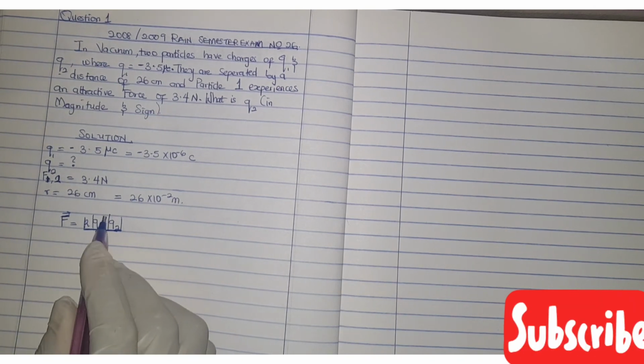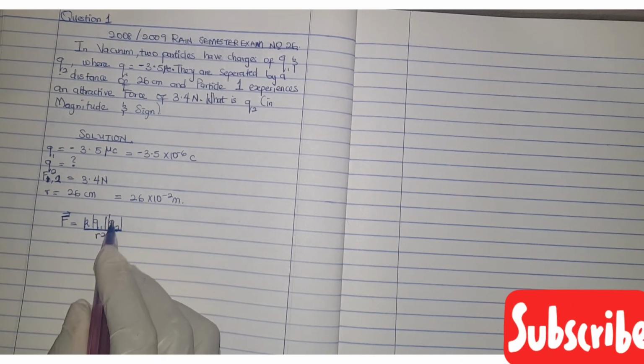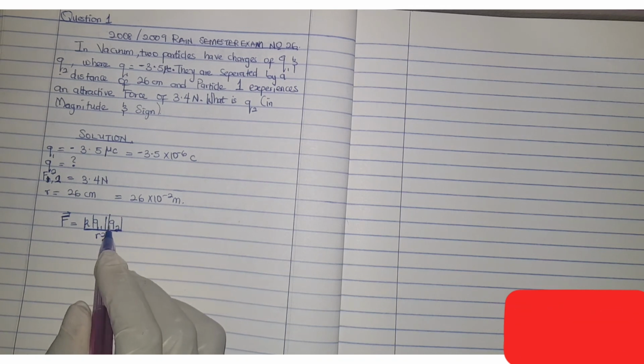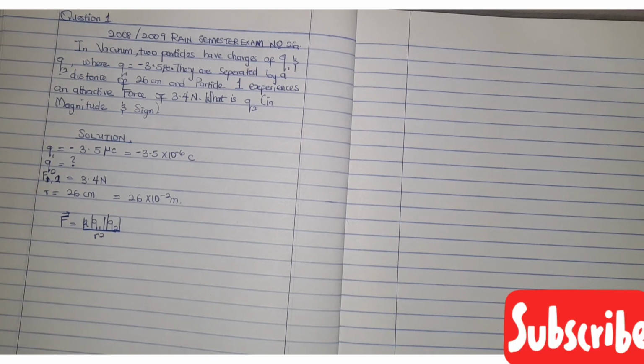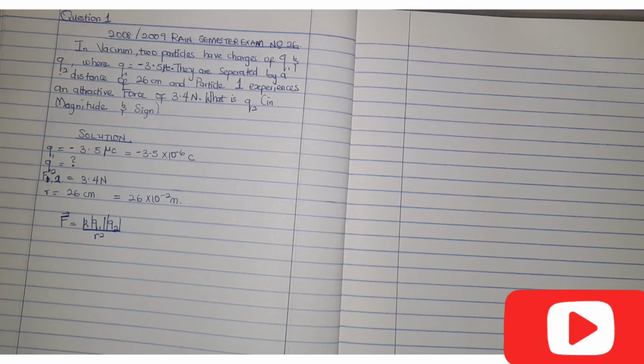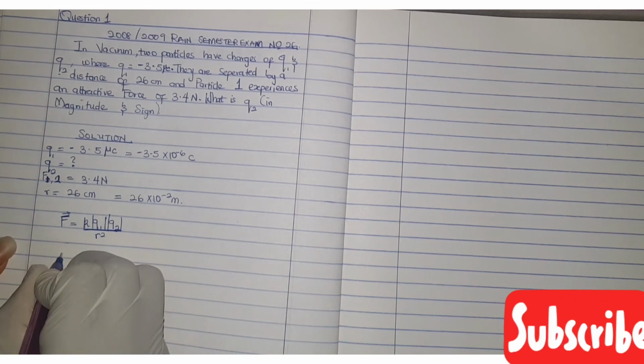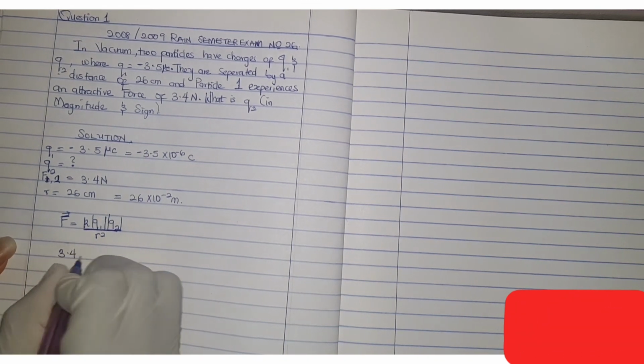The slashes around Q1 and Q2 represent the magnitude. That is, if you want to input our data, you are going to neglect any negative or positive sign. We are just going to put the magnitude in it. The force is given as 3.4 Newton.